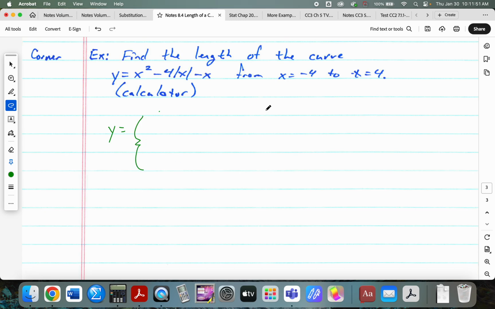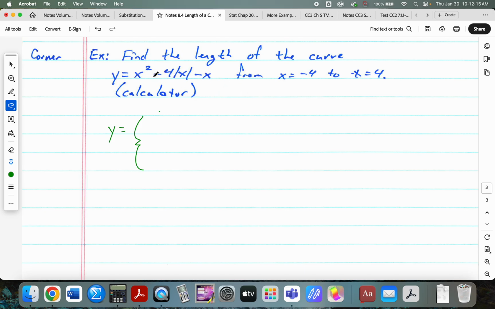So if x is less than 0, so ignore everything else, just look at the absolute value, what do I have to do to the x to get the absolute value? Multiply by -1. That's exactly right. You got to multiply it by -1.